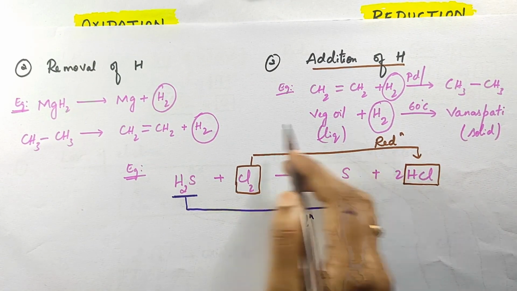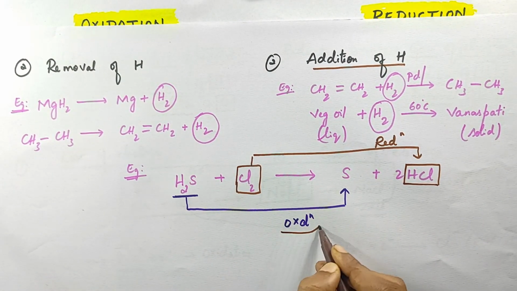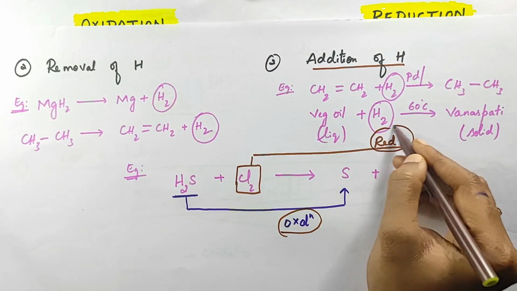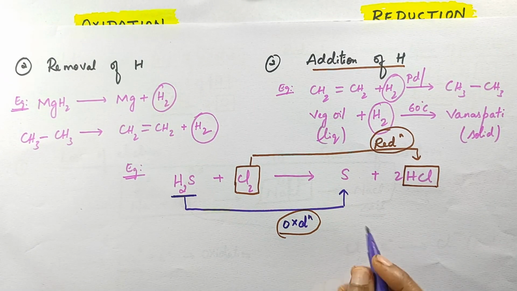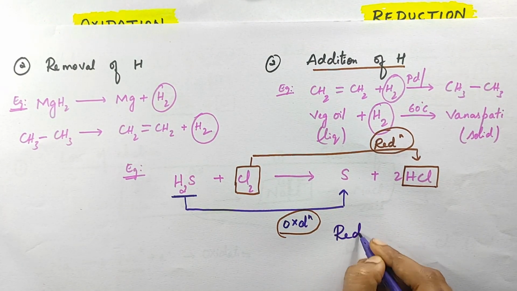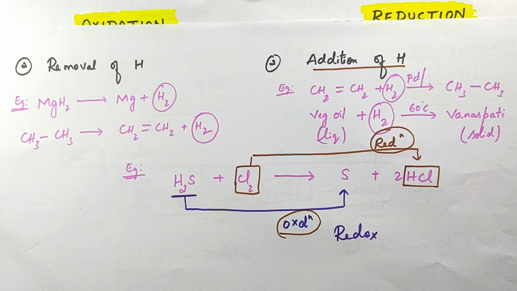So in this single reaction, we can observe the oxidation and reduction process. Therefore, this reaction is called a redox reaction, where both oxidation and reduction take place simultaneously. This is the second definition of oxidation and reduction.